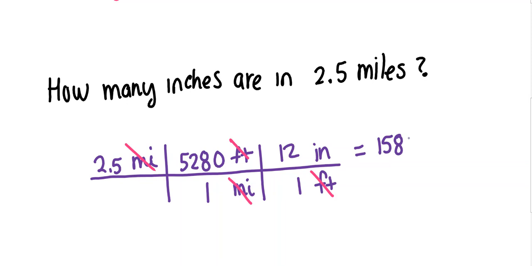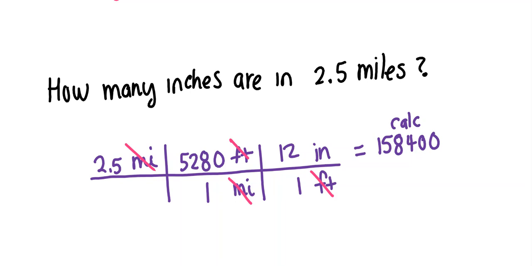Sometimes it's pretty easy to look at these and have an expectation about what the number should be like. In other words, 2.5 miles, you know that's a really long distance, and there's going to be a lot of inches in that. And we do come out with a really big number, so that makes sense. So this is what the calculator said.